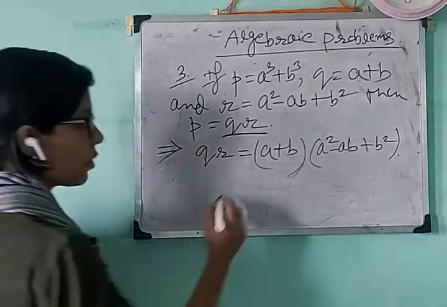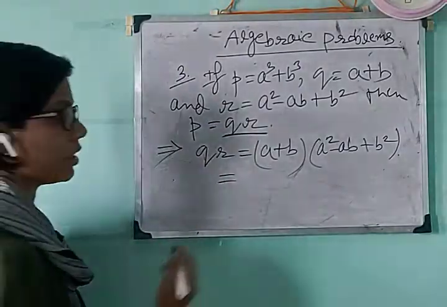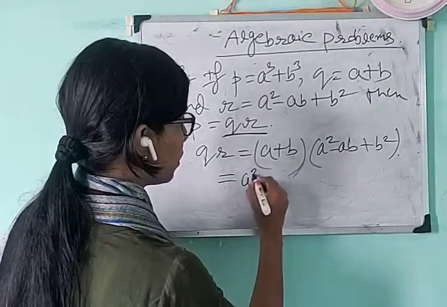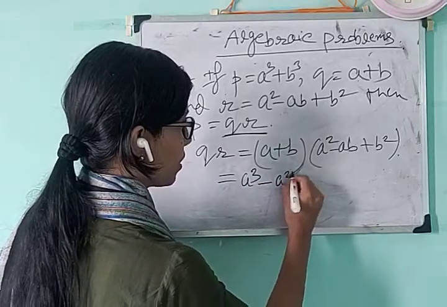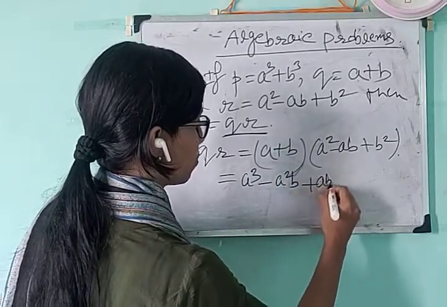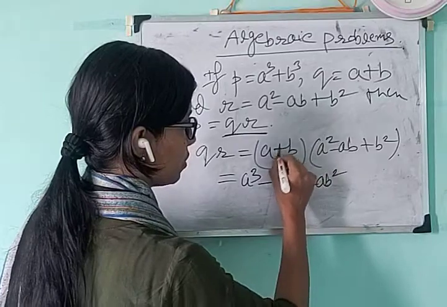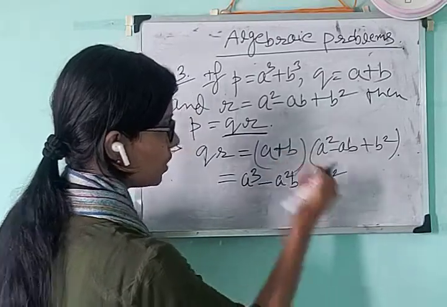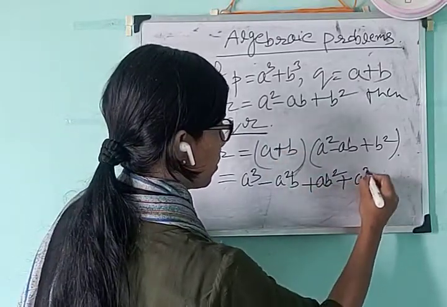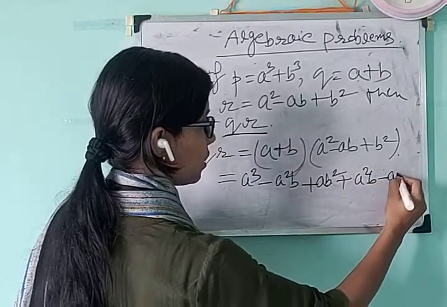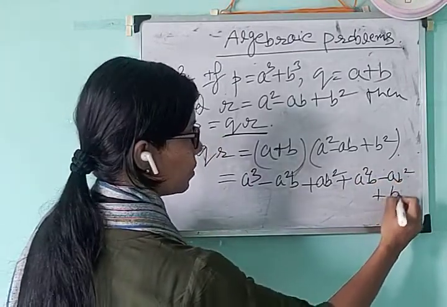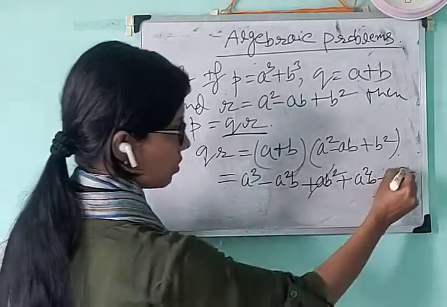Previously we have done this problem, and again we are doing this, that is multiply: a cube minus a square b plus ab square, and multiplying with b, then plus a square b minus ab square plus b cube. So these two are cut down.